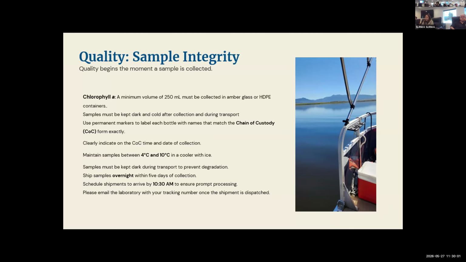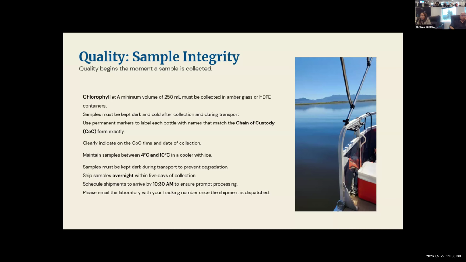Because chlorophyll A is highly sensitive to light and temperature, these samples must be kept dark and cold immediately following collection and throughout transport to prevent degradation. We require samples to be maintained between 4 and 10 degrees Celsius in a cooler with ice.